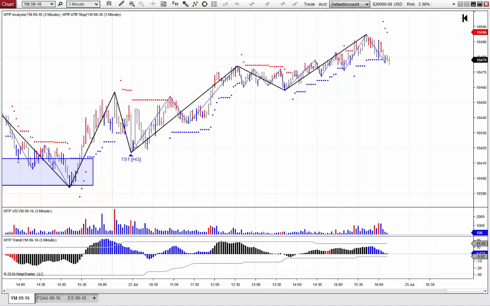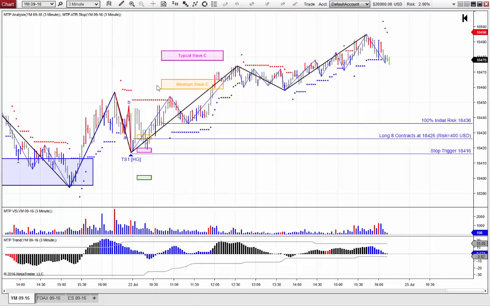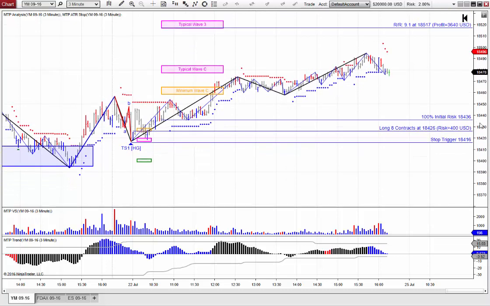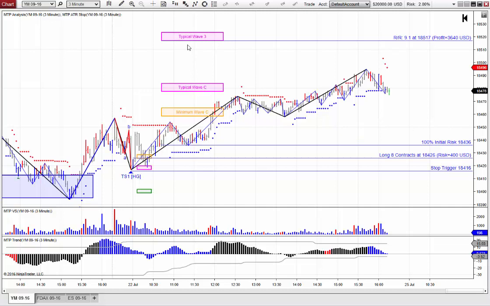Because this is a wave 2, we're now anticipating a wave 3. If I place the analysis on, what that means is rather than having our targets at the first targets as we used to with our TS1 setup, if I scrunch the chart down a bit, you can see that now we are basically looking for a wave 3 swing, in other words a strong swing, and that means going to our typical wave 3 WPT.